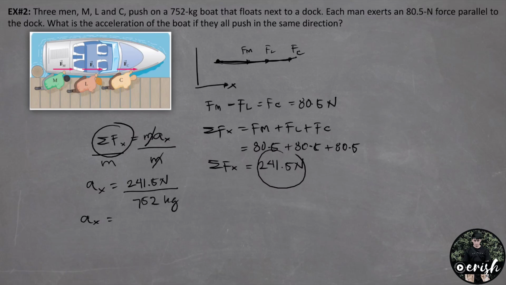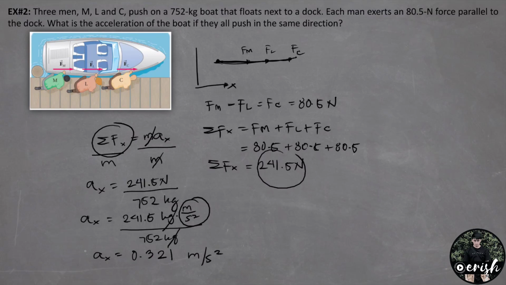And a sub x is equal to 241.5, this is kilogram times meters per second square over 752 kilograms. Maka-cancel ito. Ang matitira is yung unit ng acceleration. Acceleration due to horizontal component now is equal to 0.321 meters per second square.